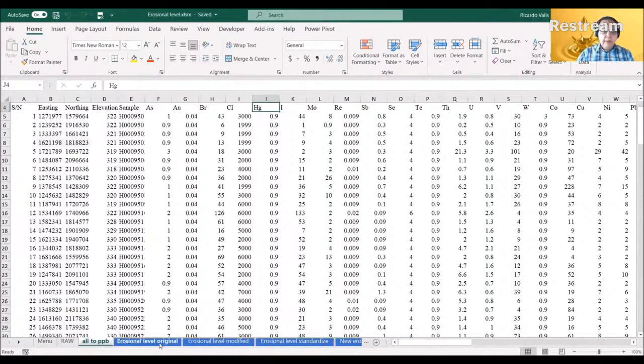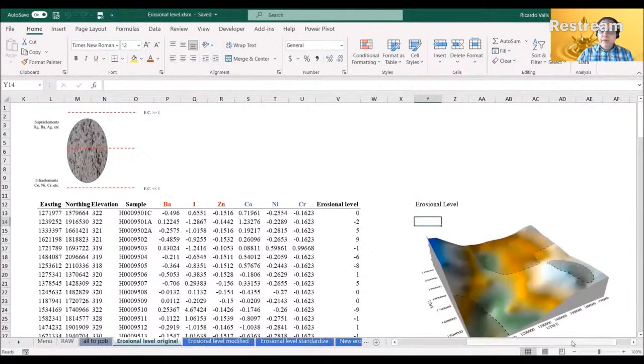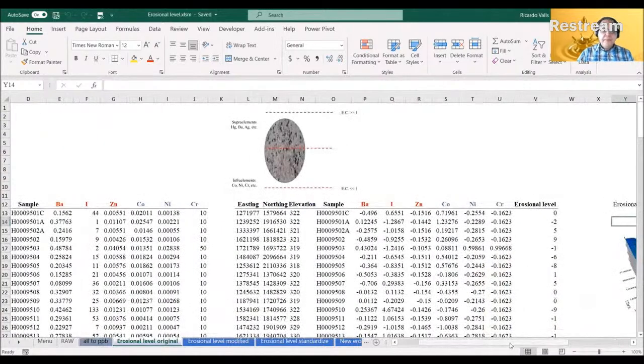Now let's talk about the original way they taught me at the university about this method of erosional level. The basis of this method is that anytime a deposit forms, and we are talking here mostly of magmatic hydrothermal deposits, but it also applies to metasomatic deposits, metamorphic deposits, where there is some circulation and redistribution of the elements in the ore body.